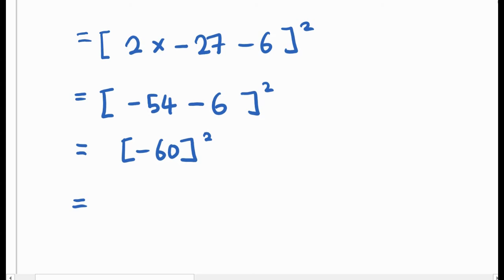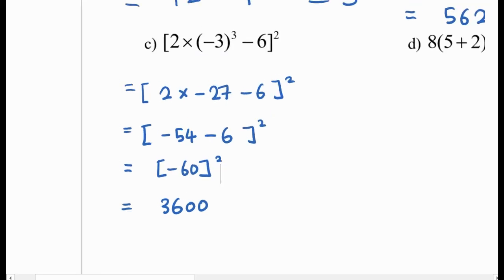So you multiply negative 60 twice, because directly in front of the exponent 2 you have the bracket. So you repeat the bracket, which is negative 60 twice. Then negative 60 times negative 60 is 3,600. Positive, because you repeat multiplying the negative sign twice. Alright, let's move on.